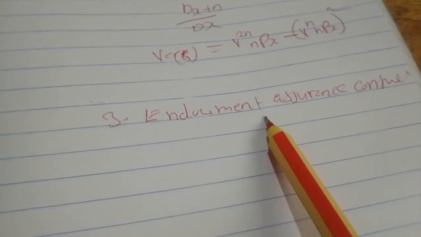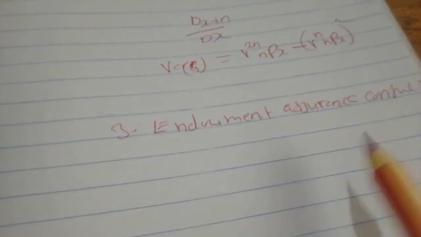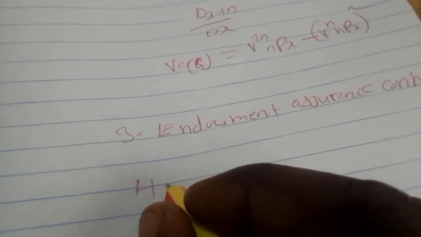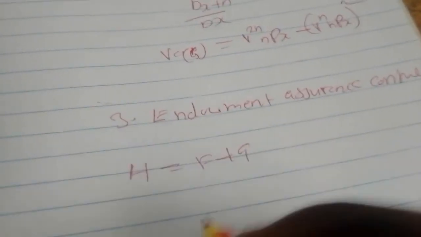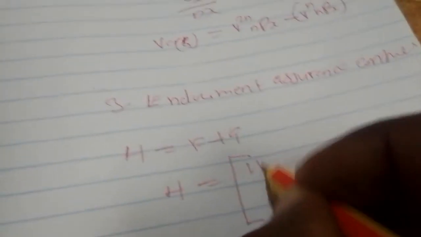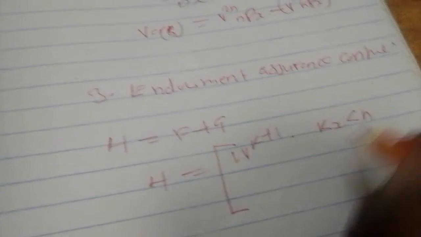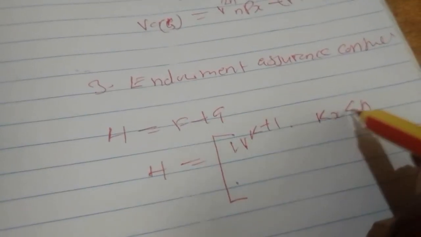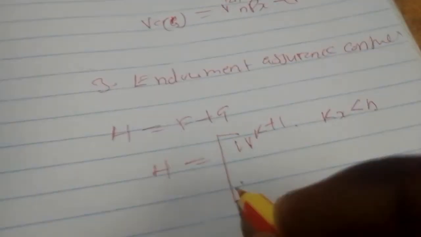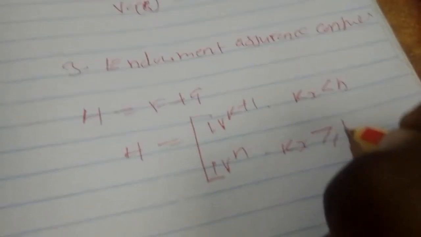This one is a combination of pure and the term. So the sum assured is payable either on death during the term or survival to the end of the term. So we can say H is equal to F plus G, where H is equal to v^(K+1) when he dies before these n years, or v^n when he survives to n years or more.